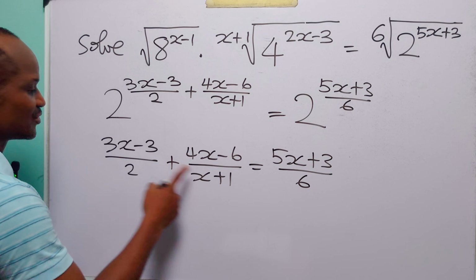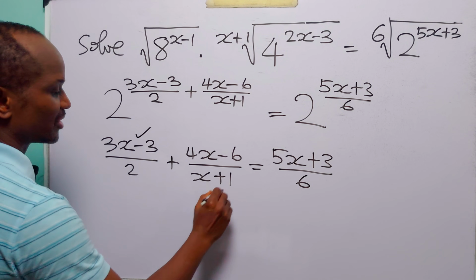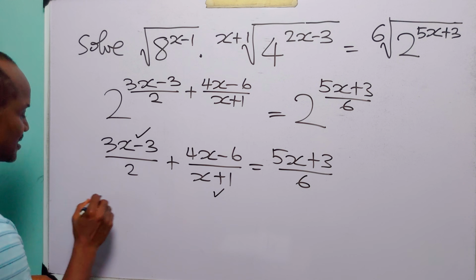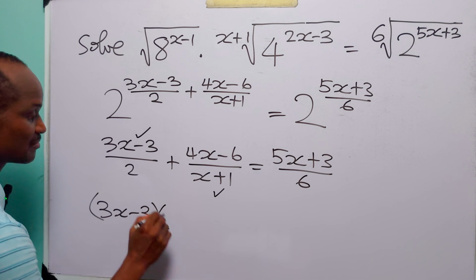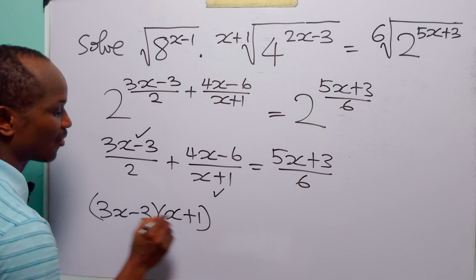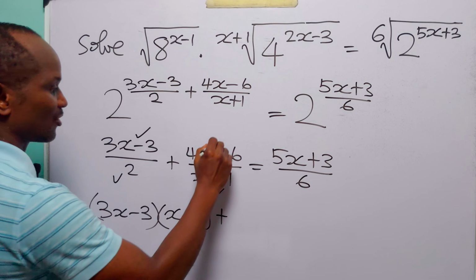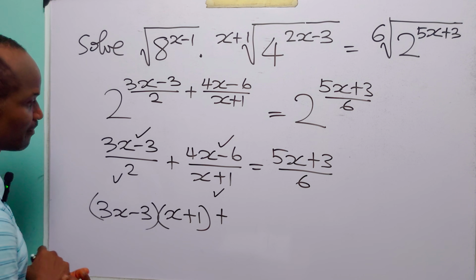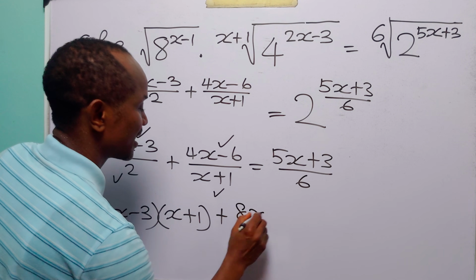Let us combine these two fractions into one unit. To do that, we multiply this numerator by this denominator. That is, we have (3x minus 3) times (x plus 1). Then we have plus. We multiply this denominator by this numerator. We have 2 times 4x, of course, is 8x.